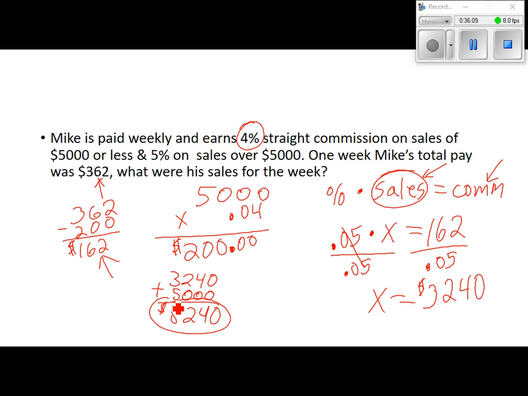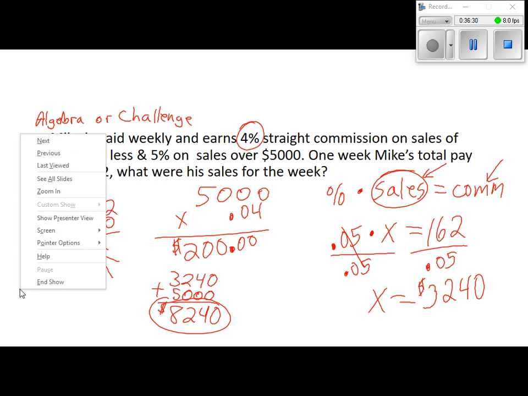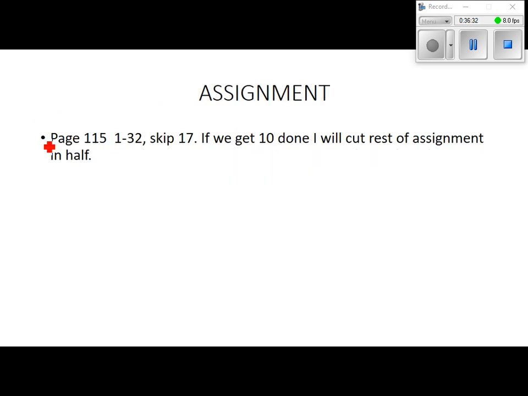This would be one of those problems in the book. It would say algebra or, what's the other word that this book uses? Challenge. It's one of those problems. It's a little tougher than just straightforward. It's not that bad. Hot problem. It's a hot problem. Is that what they're called? Yeah. Get out a clean sheet of paper, get your books open.